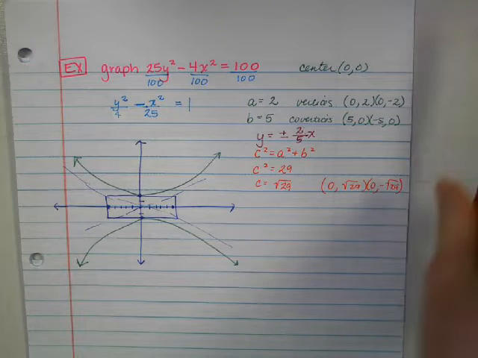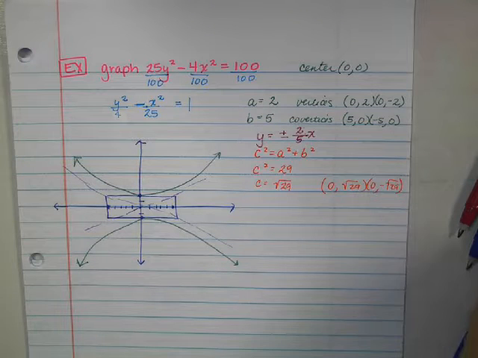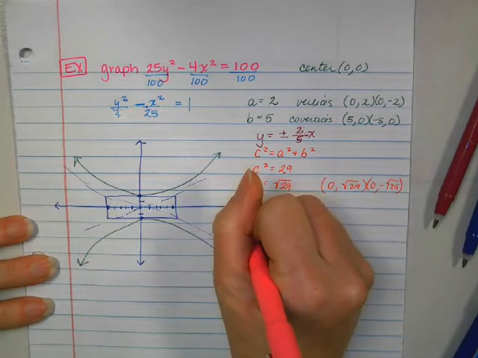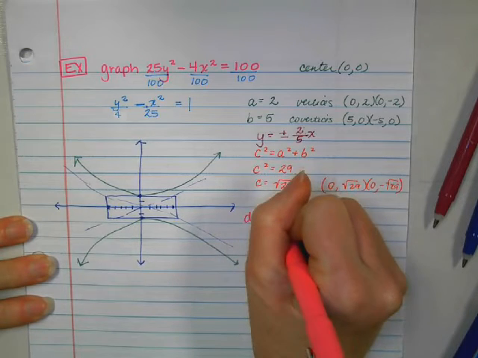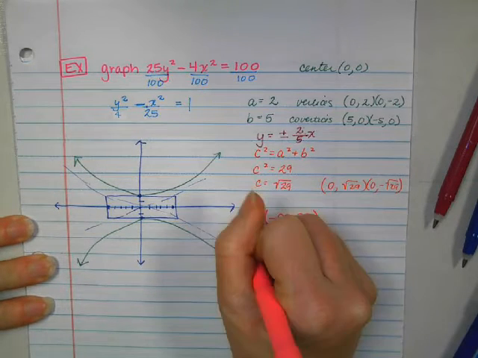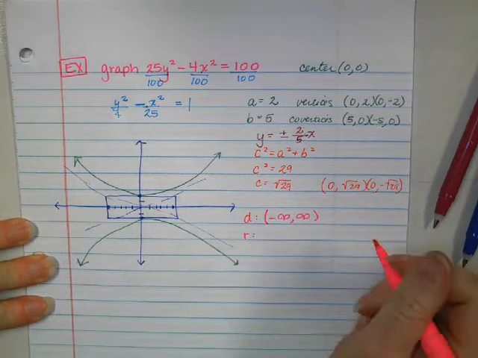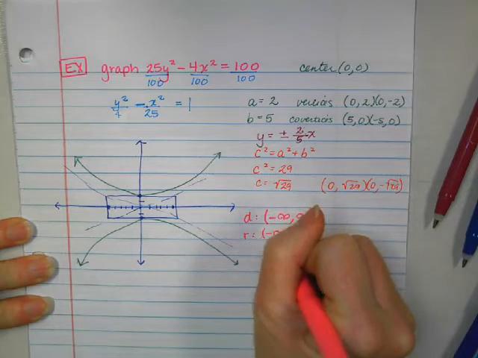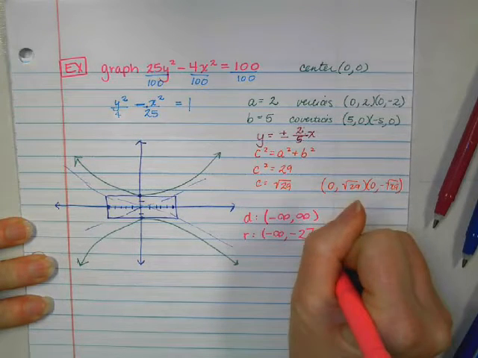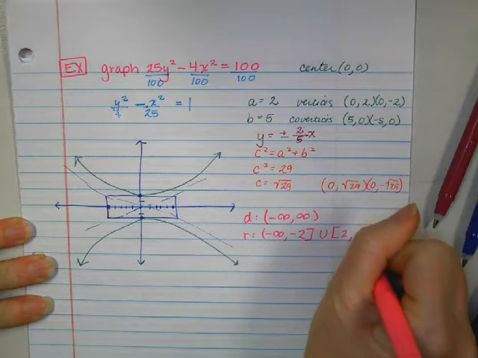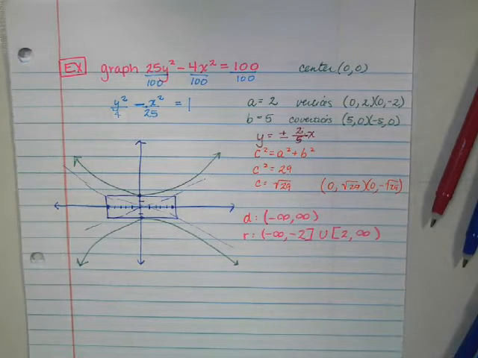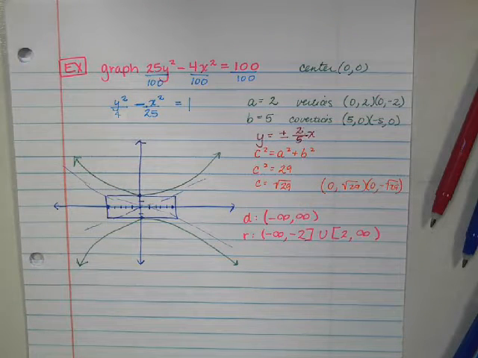What's the domain? Negative infinity to positive infinity. All right, what's the range? Does anybody have any questions over how we find the range or domain?